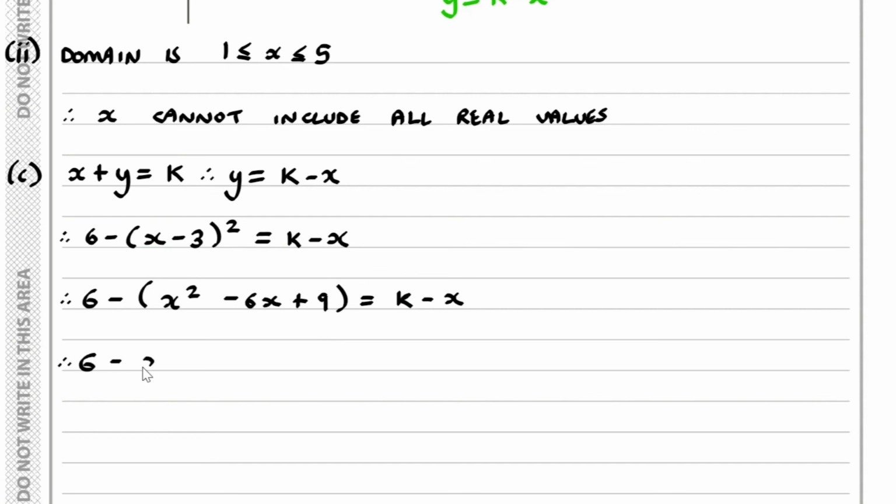So I've got 6 minus x squared plus 6x subtract 9 equals k minus x. And getting everything over to one side, we can see then x squared minus 7x plus k plus 3 is equal to 0.